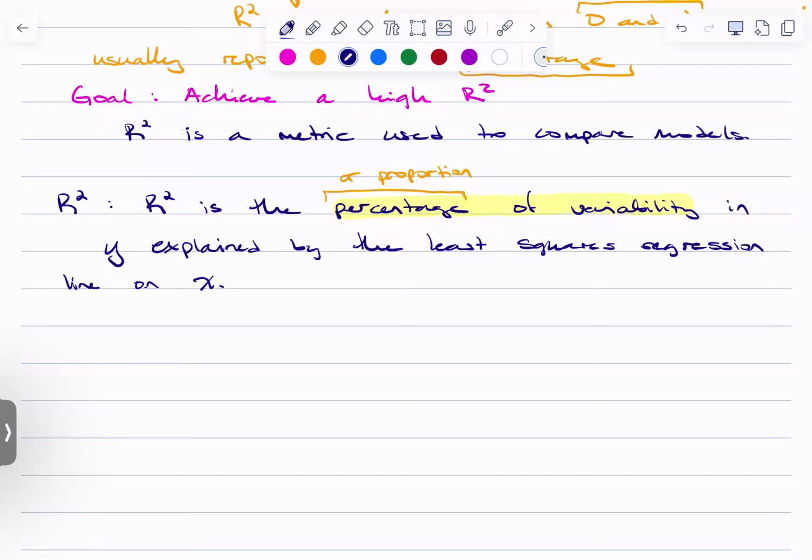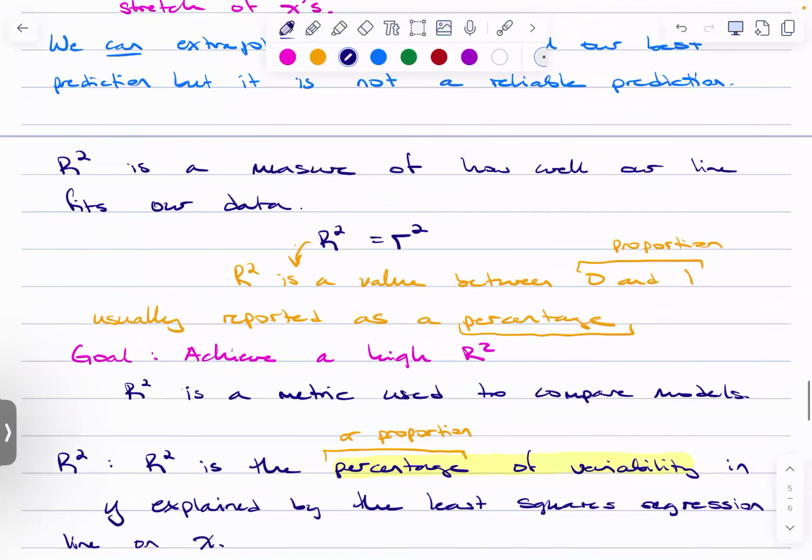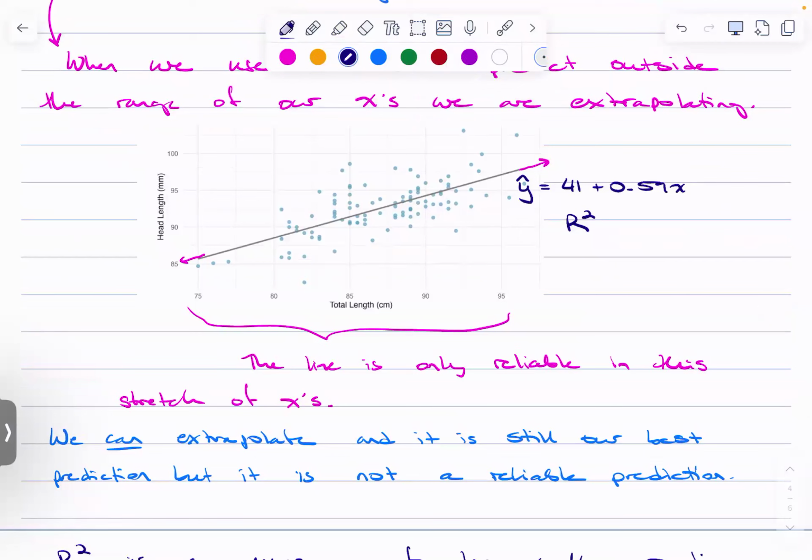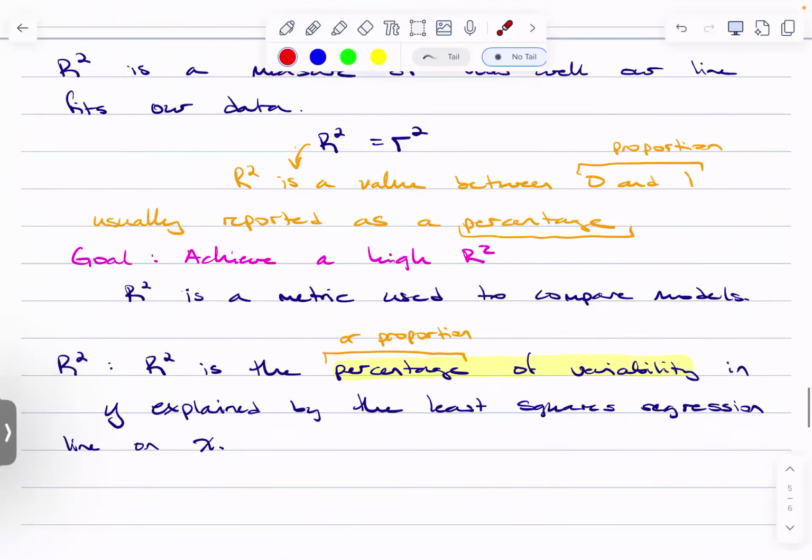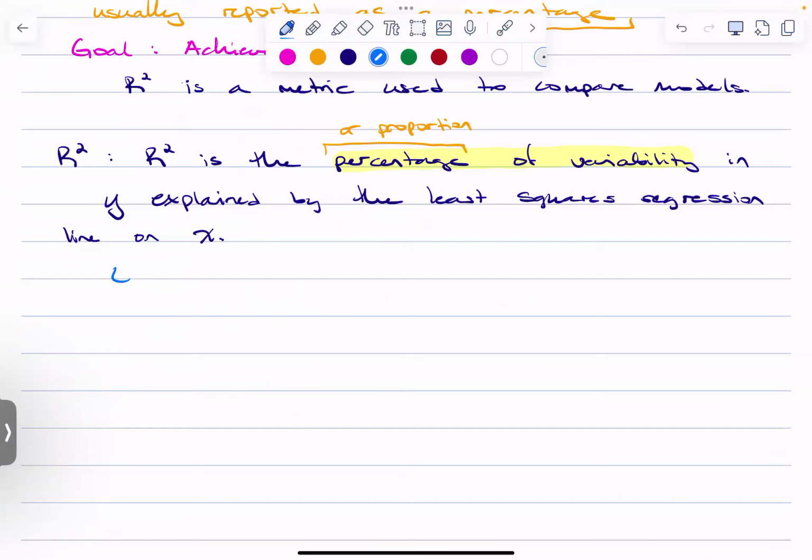So if we have the correlation, let's pretend R is 0.75.